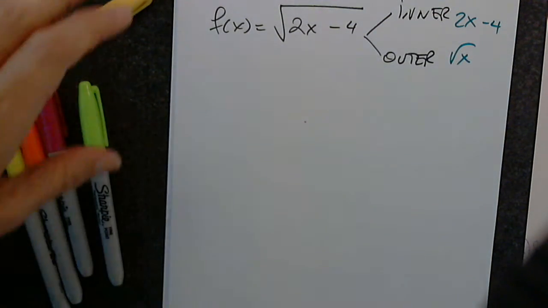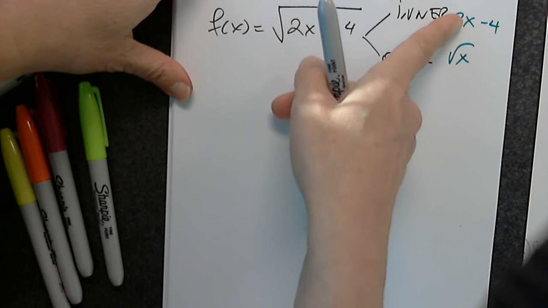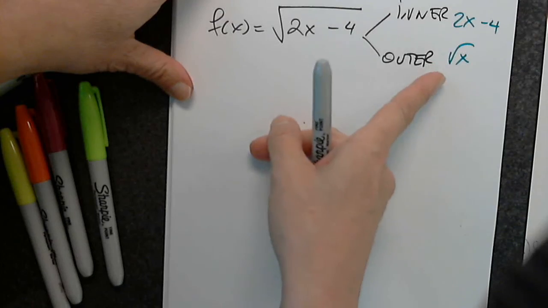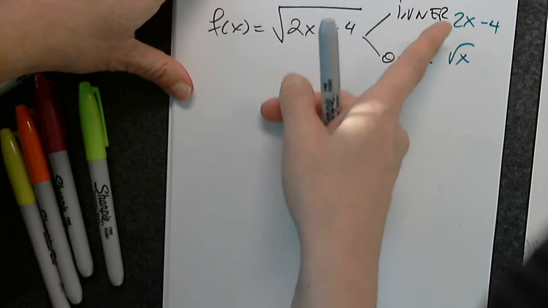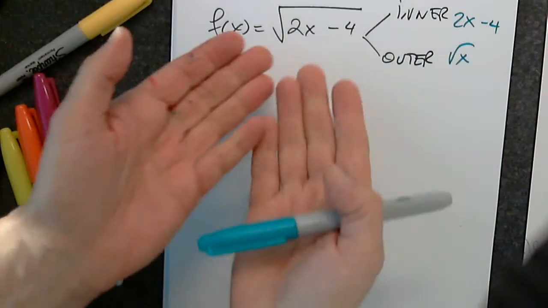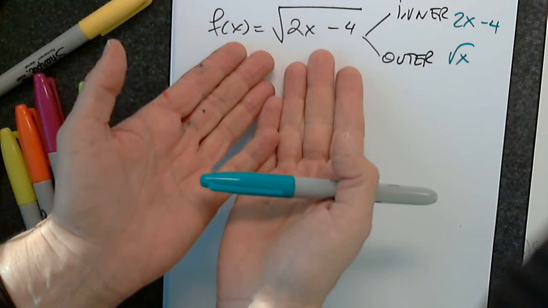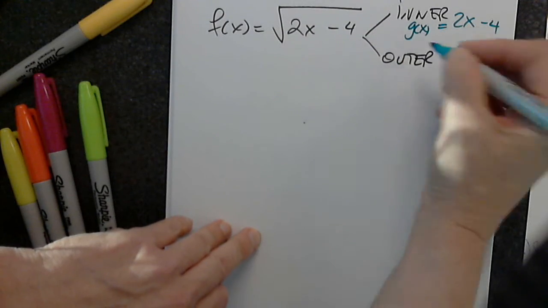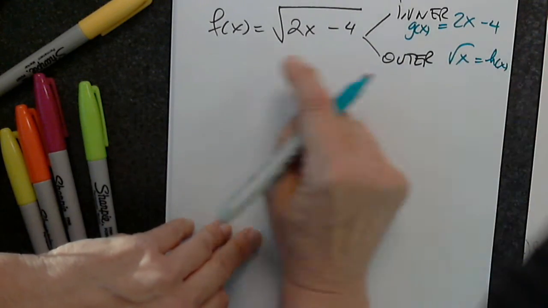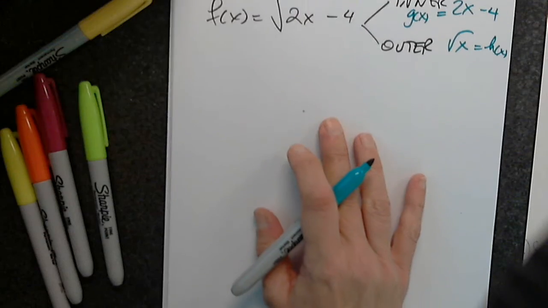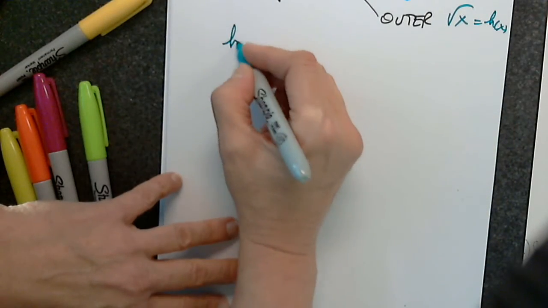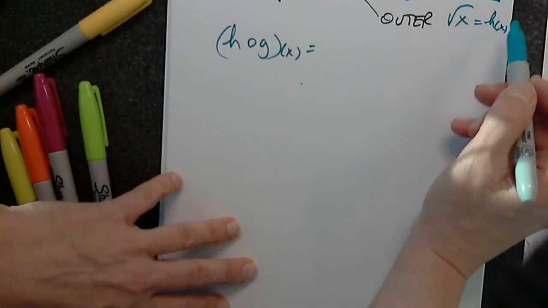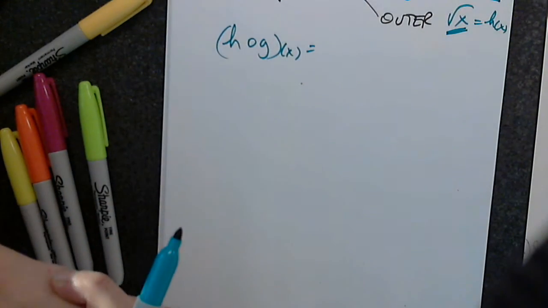So we guarantee now that this comes first, because this is the inner. Let's check. I'm going to call this g of x, and I'm going to call this h of x. I cannot use f. So let's determine h comp g of x. This is g, and this is h.